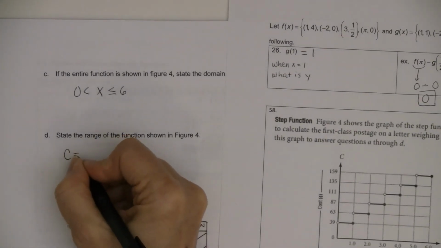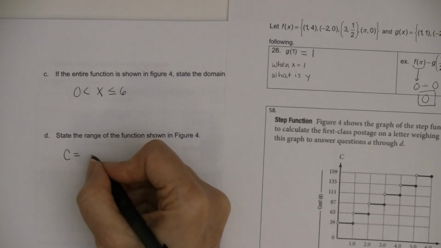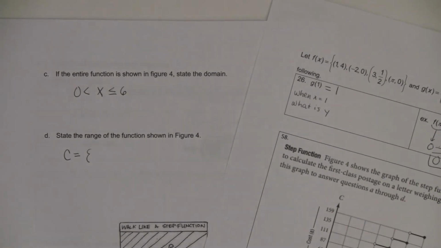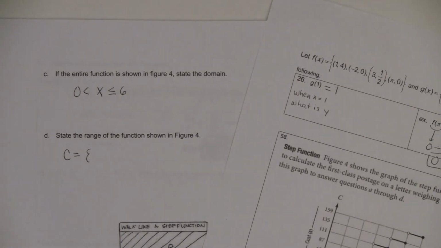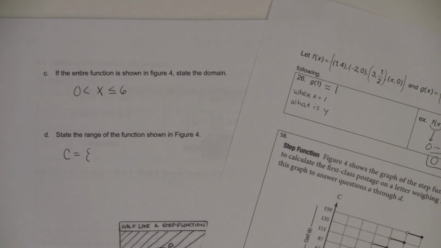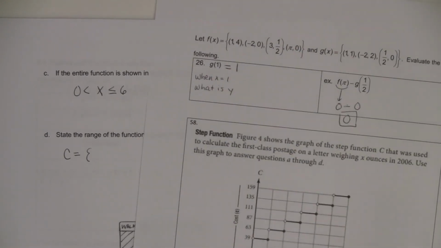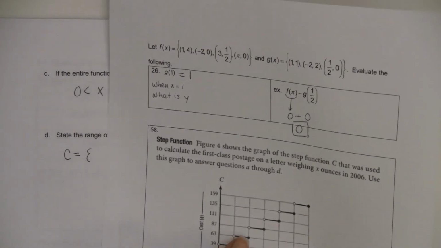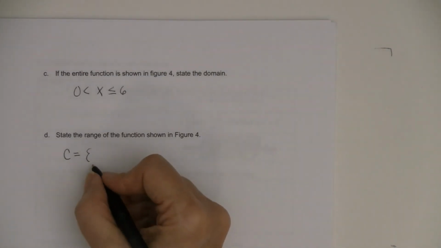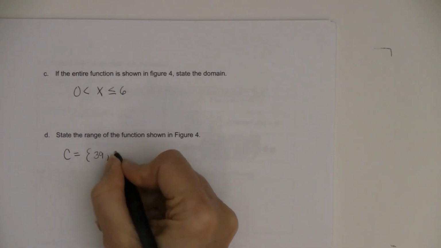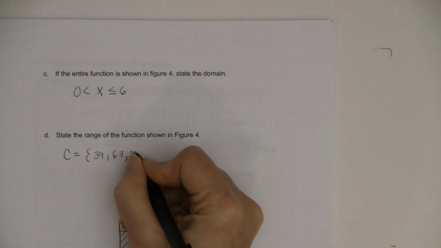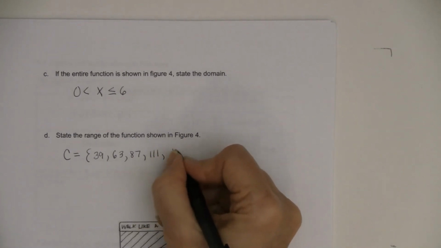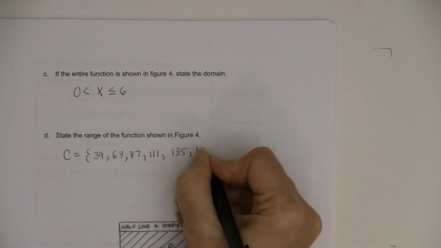So C is our range, and it's going to equal these values, and I'm going to use that set notation like I did back when we did the ordered pairs, right? So I only have outputs of 39, 63, 87, 111, 135, and 159.